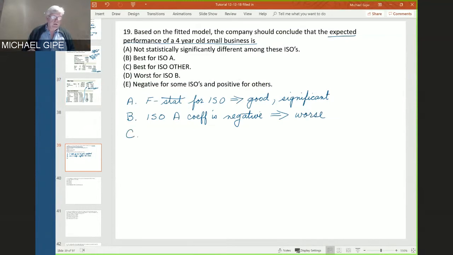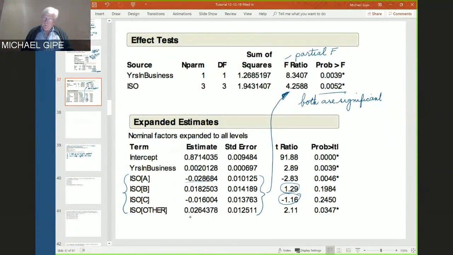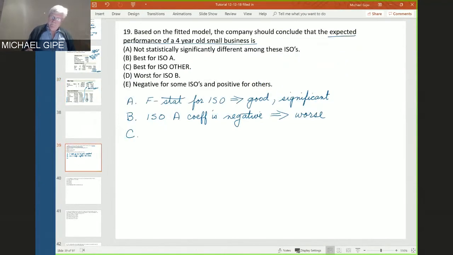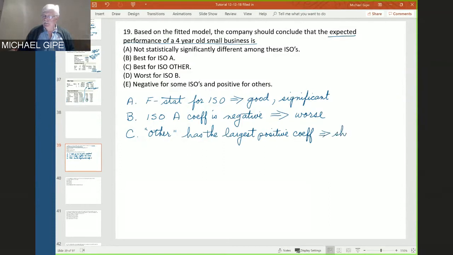How about C? Best for ISO other. Well, we can look at that as well, and we see that ISO other has the largest positive coefficient, that shifts the response up. So that is correct.